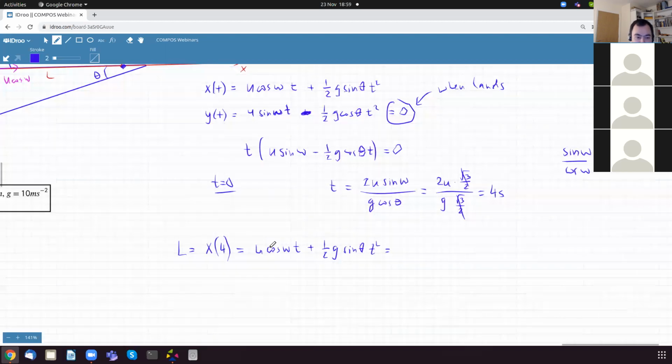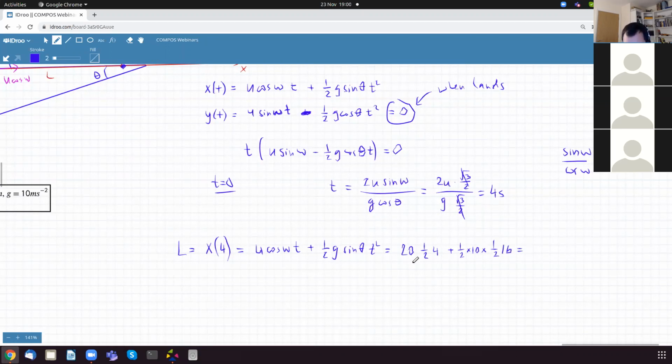So you plug in the values. So it's 20 cos omega, so that's cos 60, so it's 1/2. Then we have t, which is 4, plus 1/2 times 10 times sine 30, which is 1/2, and times t squared, which is 16.